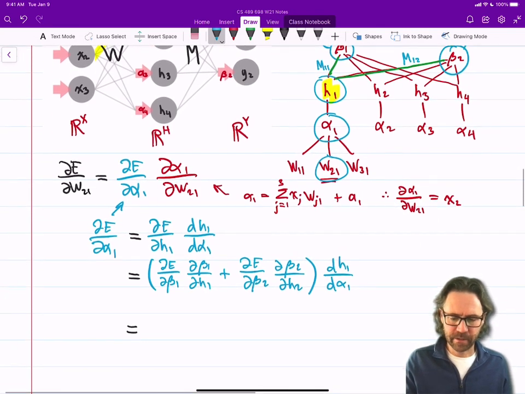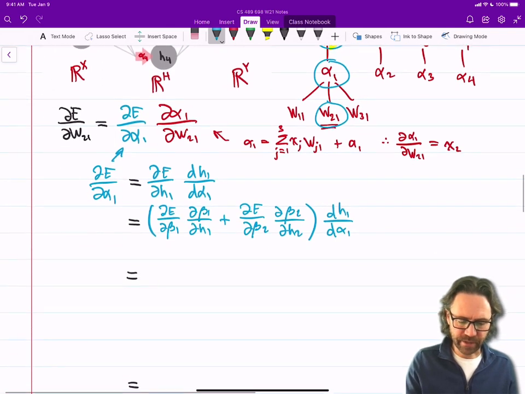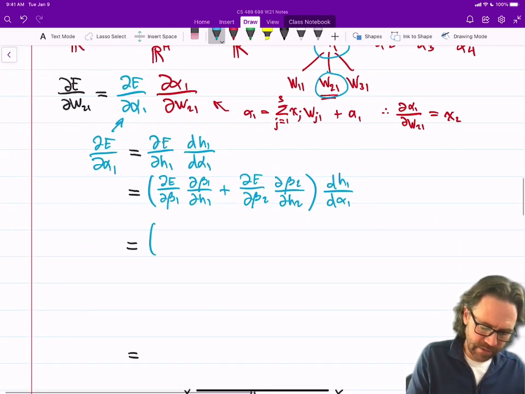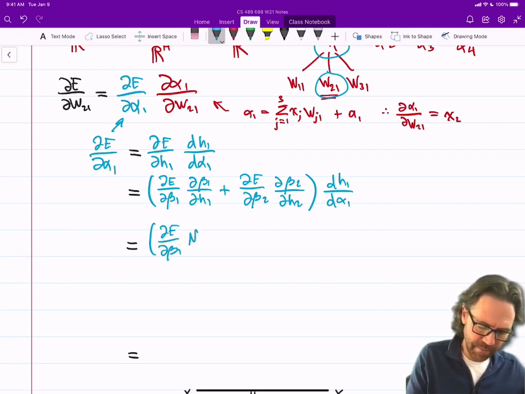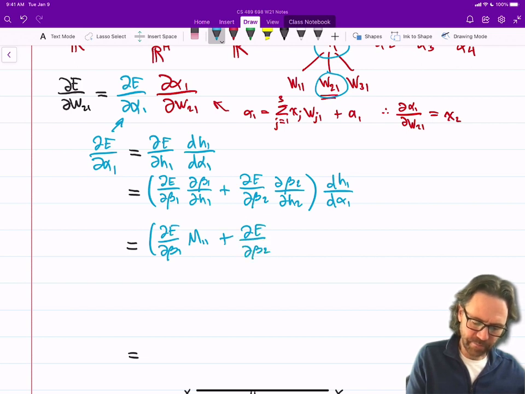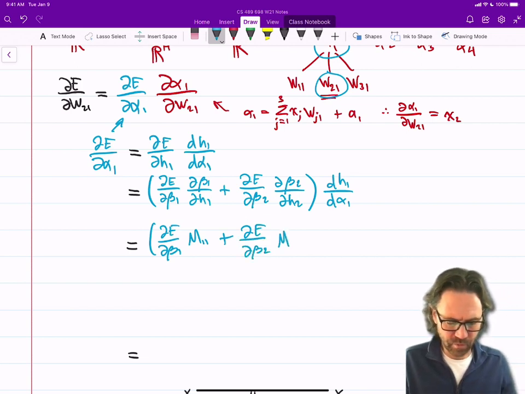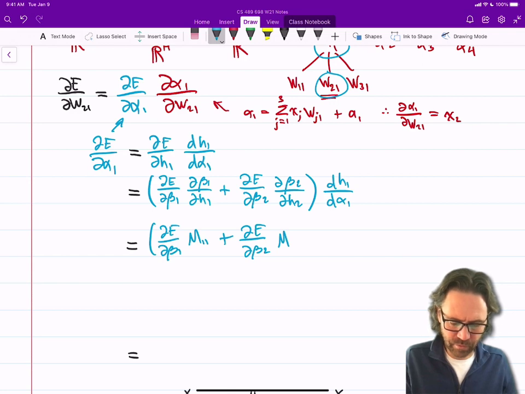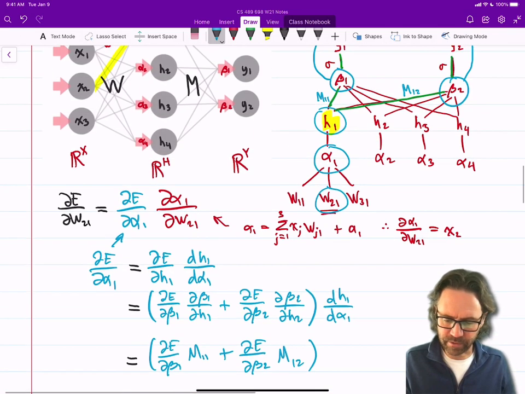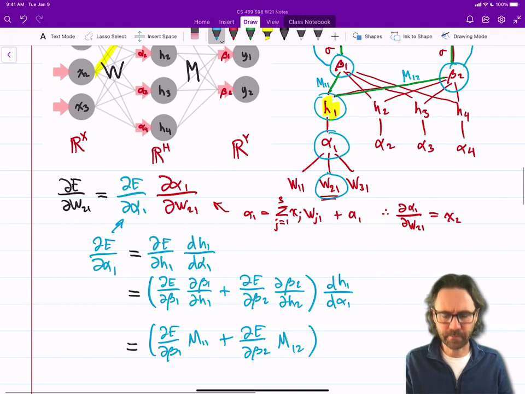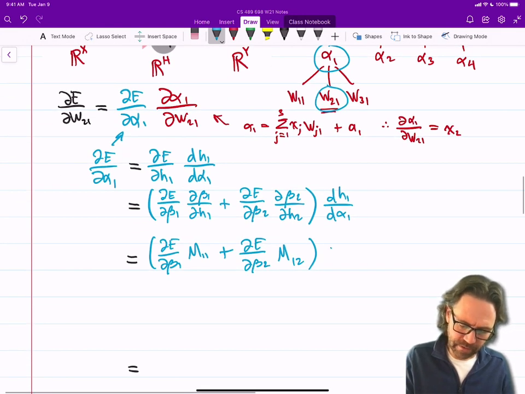So I can rewrite this as ∂E/∂beta 1 times M11 plus ∂E/∂beta 2 times M12, right? 12, yes. All that times ∂H1/∂alpha 1.